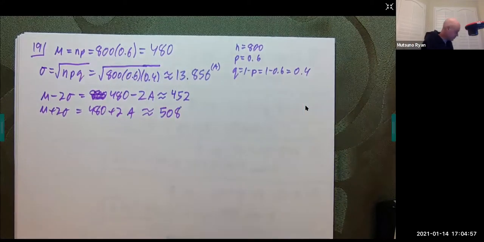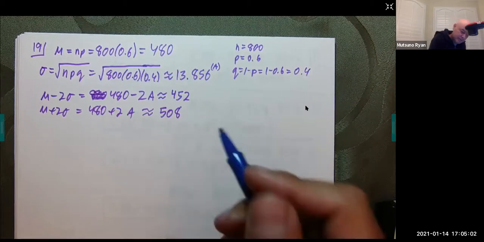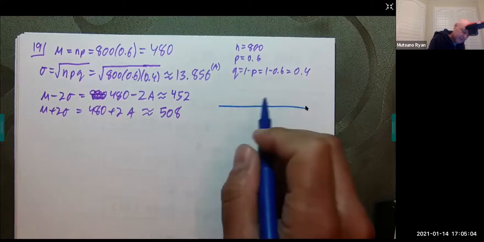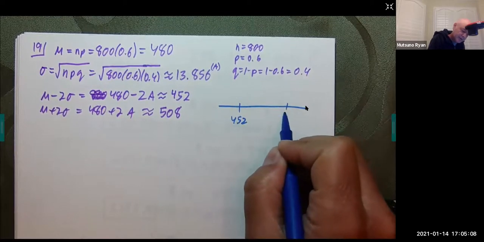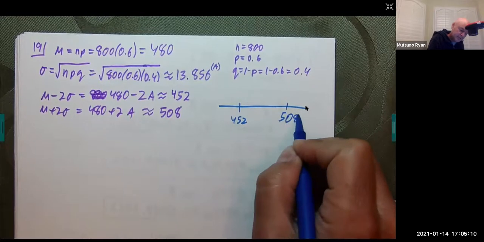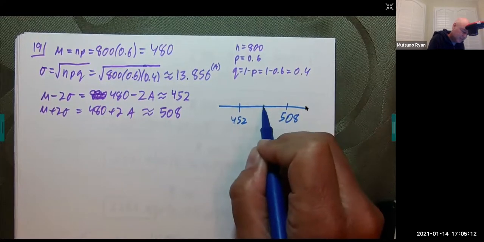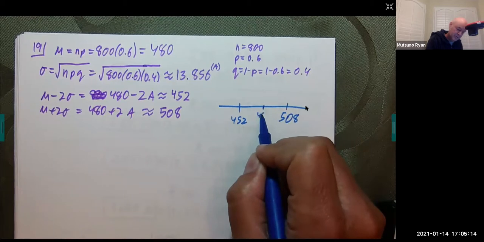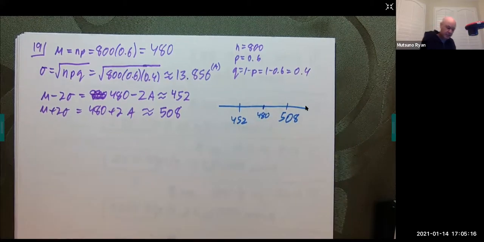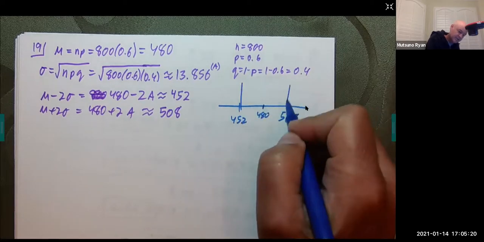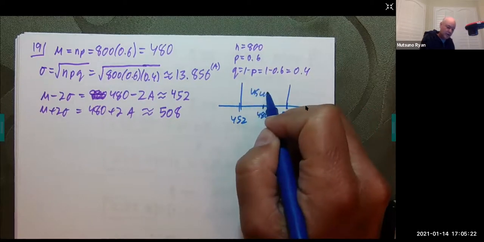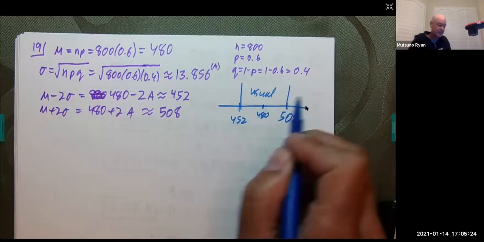So as long as we are between 452 and 508, and here in the middle we have the mean, which is 480, this is 2 standard deviations away. As long as we're here, it's considered usual. Out above here or less than here, it's considered unusual.